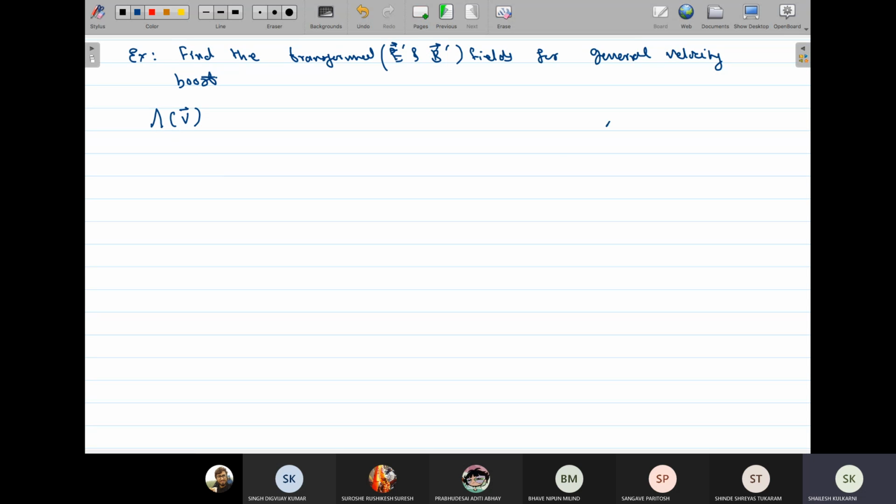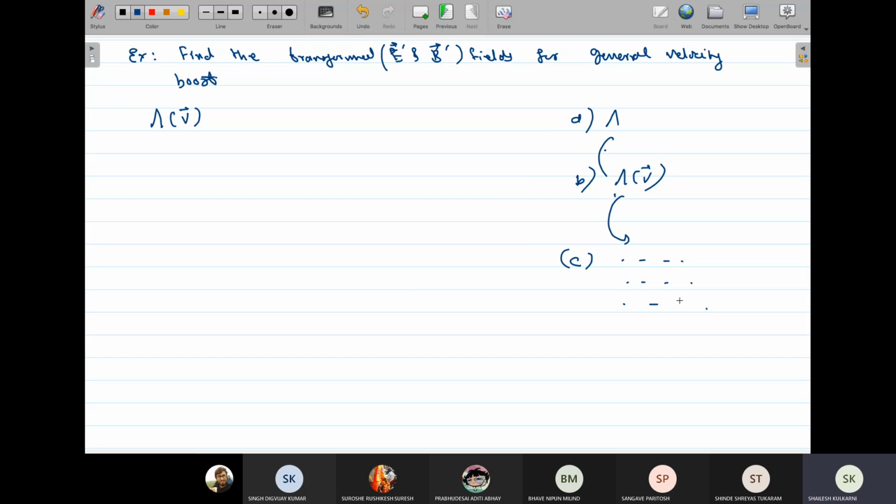It will be like: consider lambda for a boost along the x-axis, find lambda. That will be A. Generalize to arbitrary boost, this will be B. Use this relation to find something, either the electric field or maybe another thing which we discussed before.